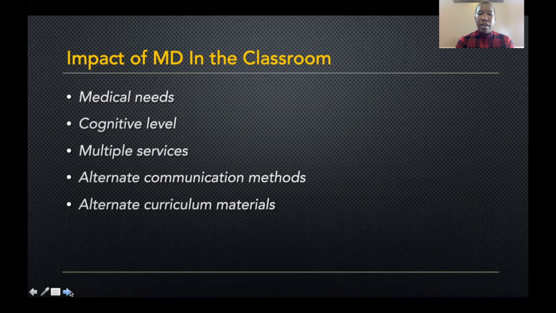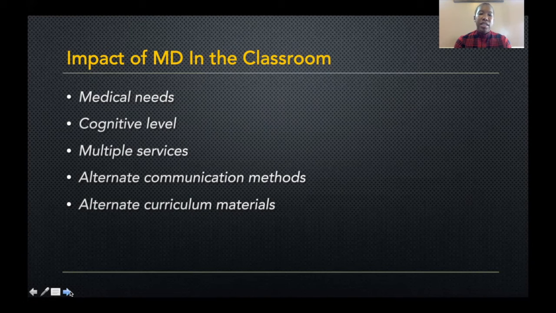So the impact may, depending again on the combination of disabilities, their cognitive level may vary, or maybe on the higher part of the spectrum, they may not even have cognitive needs. Maybe it's normal or above normal in some cases.